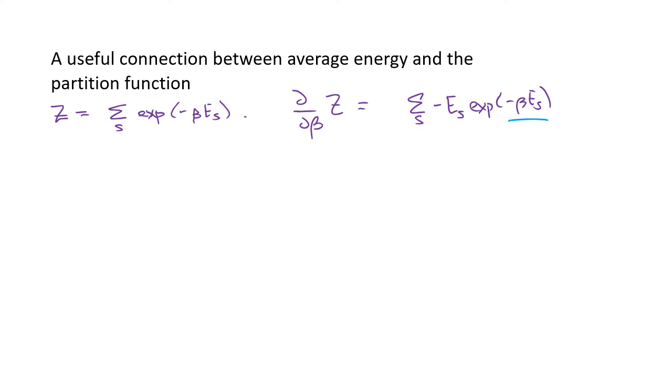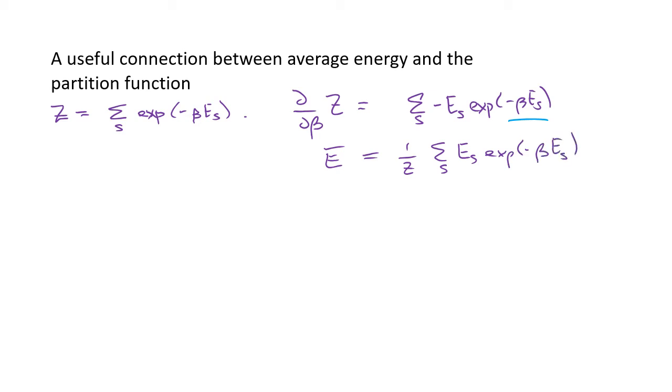And now, writing again just from the last page, but now without my typo from before, the average energy is just 1 over Z times the sum over all states of the energy of that state, e to the minus beta E_s. We see that these two things look extremely similar.